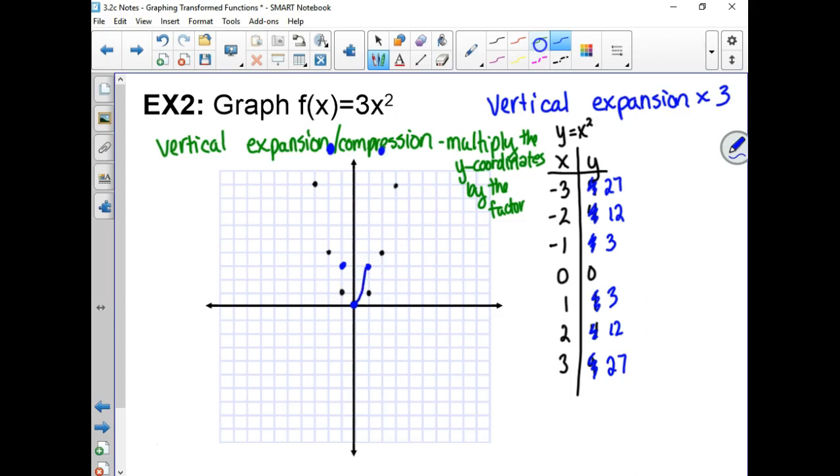So my new graph looks like this right here. And we can see that looks taller and skinnier than it was before. Each point is 3 times as high as it was originally. So right here, this point had a y coordinate of 1. It was 1 high. And now it has been moved up here to be 3 tall.